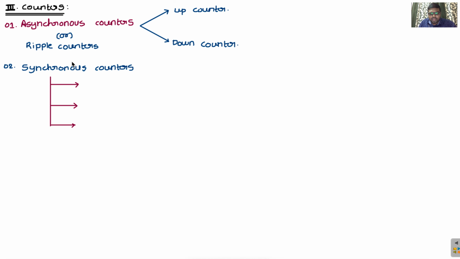One is series carry counter, and next parallel carry counter, and the third one is synchronous ring counter.